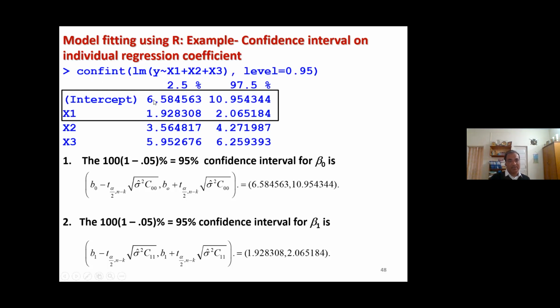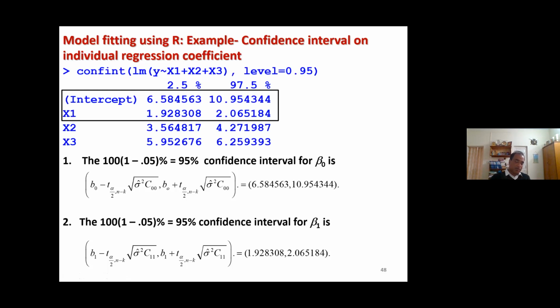These values come out as 2.5% and 97.5%. The 2.5% of the area on the left hand side and right hand side is excluded, and the value of the curve on the x-axis is indicated here.